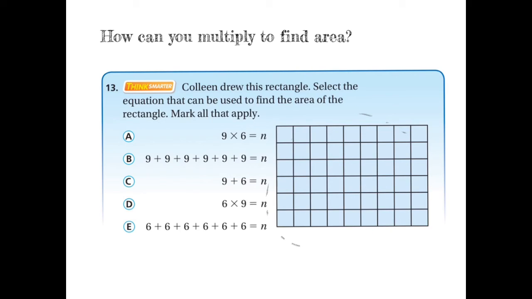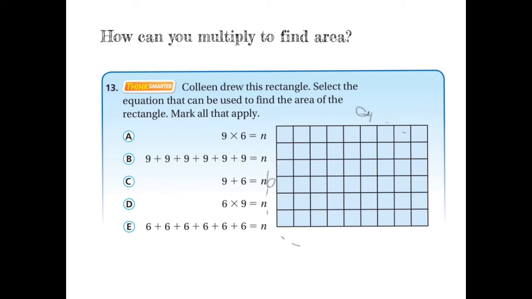Well, we can have different equations that might work, and multiplication and addition could be used to help us find these here. Now, I'd get my side lengths first. 1, 2, 3, 4, 5, 6. This is 6. 1, 2, 3, 4, 5, 6, 7, 8, 9. So 6 by 9. I can use any variation of that. If you remember from multiplication, 9 times 6, yeah, that would work.